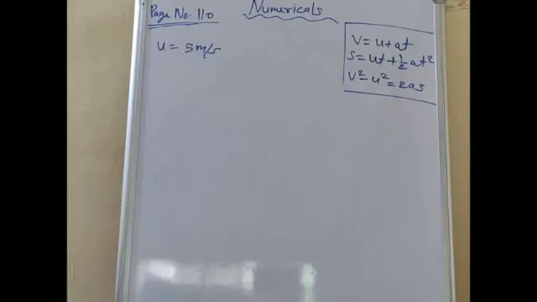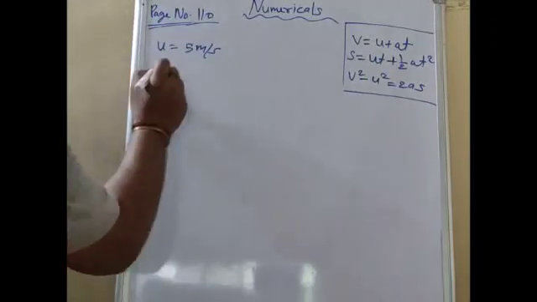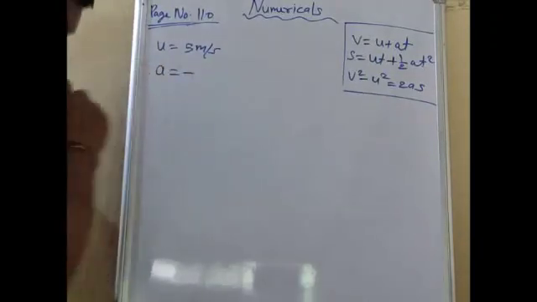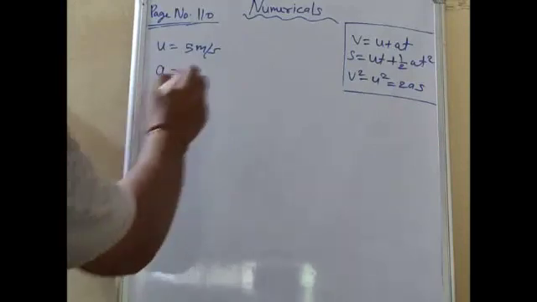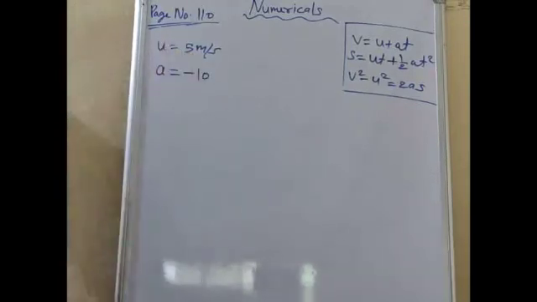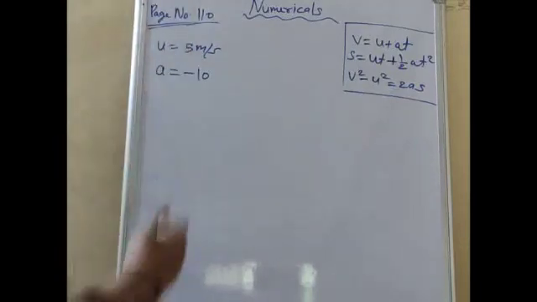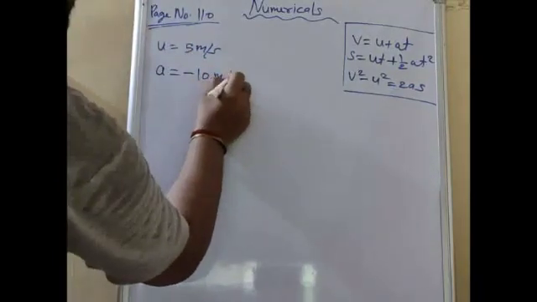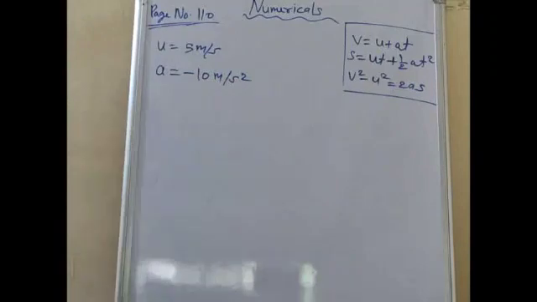Gravitation means acceleration due to earth, and we know that acceleration due to earth is applied in the downward direction, but here the object is thrown in the upward direction, so acceleration will be negative. Why is it negative? Because the stone is thrown upward and acceleration is downward. So acceleration is minus 10 meter per second square.